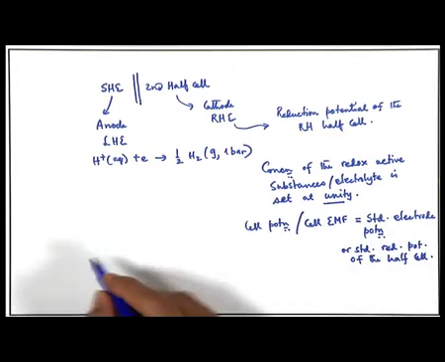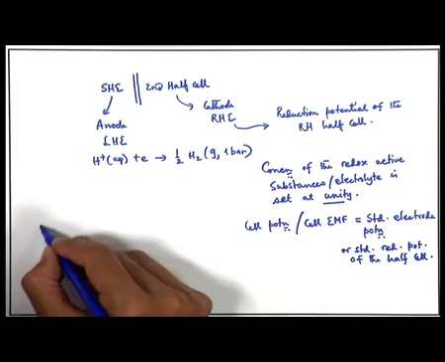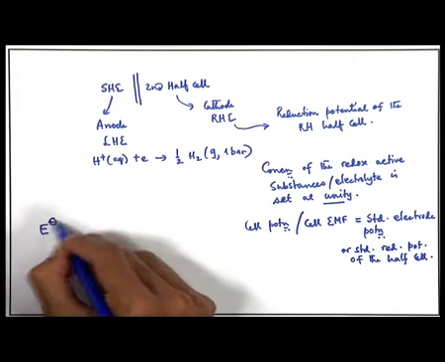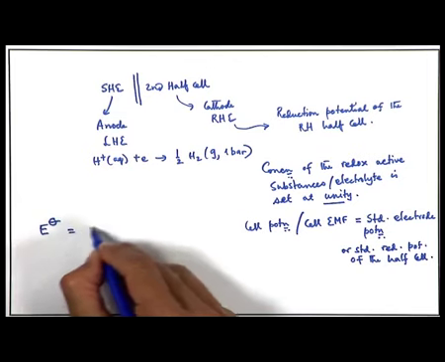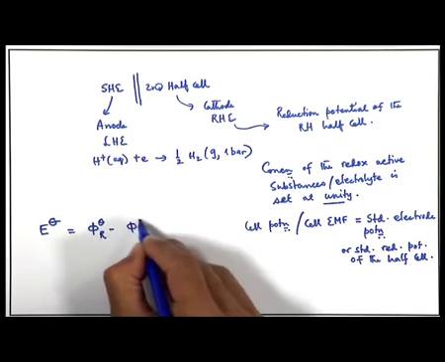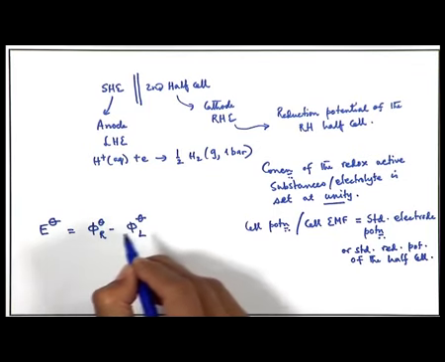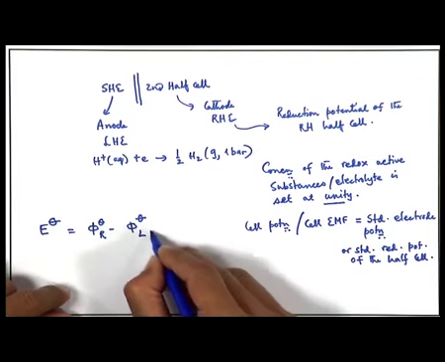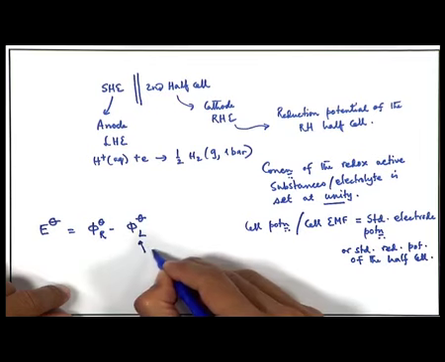So, therefore, what you can write is basically E 0 bar, that is your standard value, is phi 0 bar right minus phi 0 bar left. Now, this one is equal to 0.